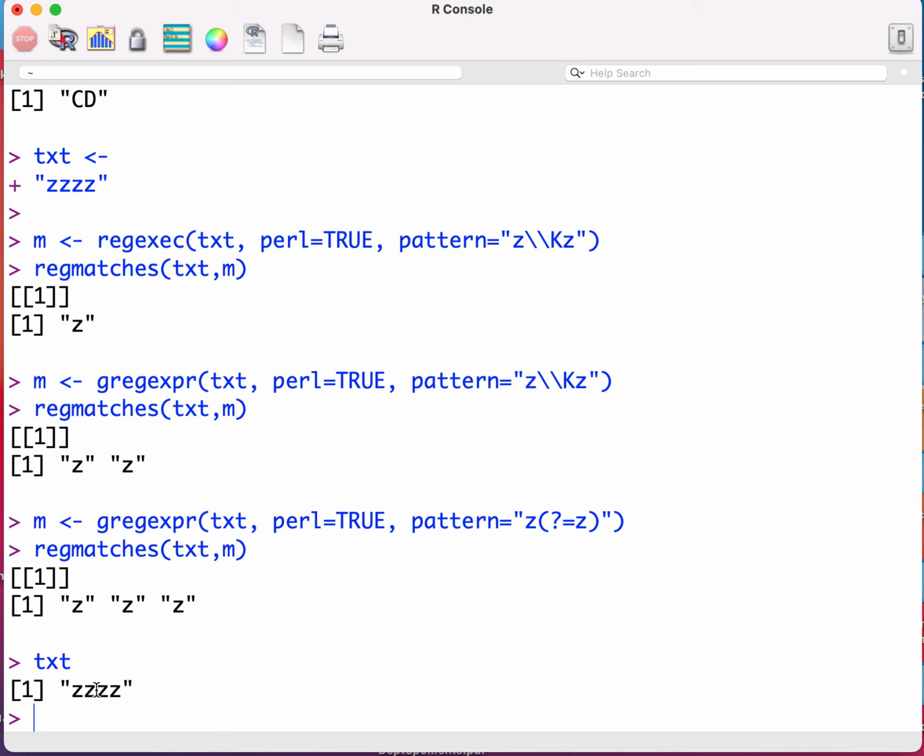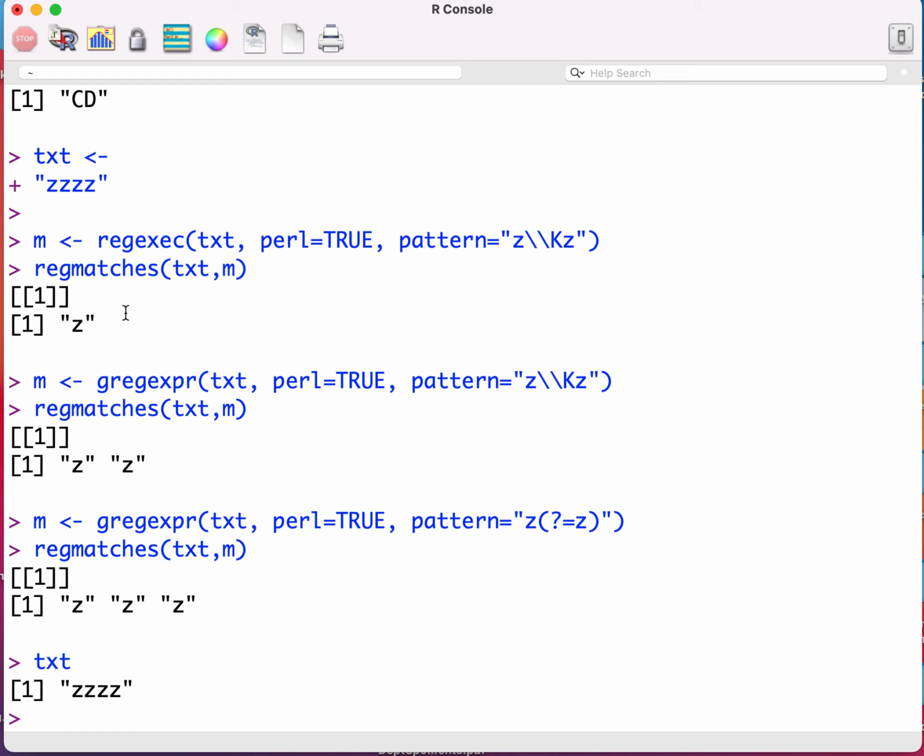Prints Z. Now it starts again. Cursor moves forward. Oh, a Z, followed by a Z. But that second Z is a look ahead, so I move back again. I print Z. And then finally, the cursor's right here. It says, all right, go through. Oh, there's a Z. Oops, not followed by a Z. I quit. So it printed 3.